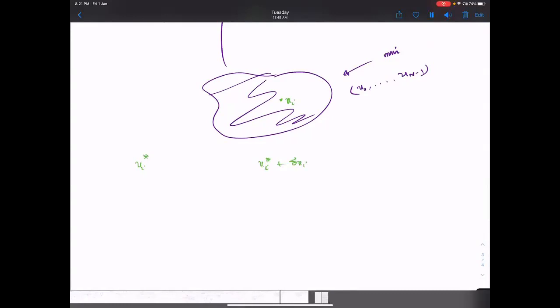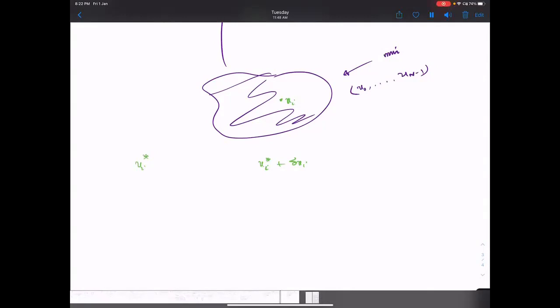The question is, would the cost decrease or increase? If the cost decreases, then this u_i star is not the optimal control.